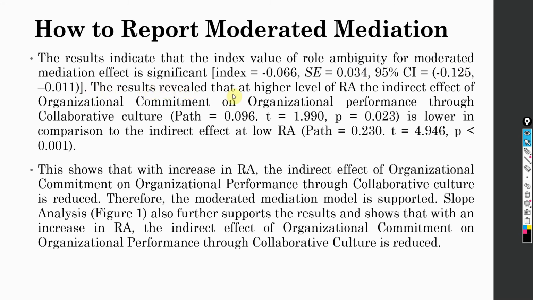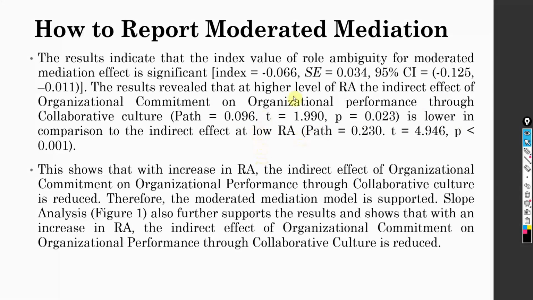The results revealed that at higher level of role ambiguity, the indirect effect of organizational commitment on organizational performance through collaborative culture, that is, this is the effect, that is the path beta coefficient, the t-value, the p-value at higher level of role ambiguity, is lower in comparison to the indirect effect at low RA.